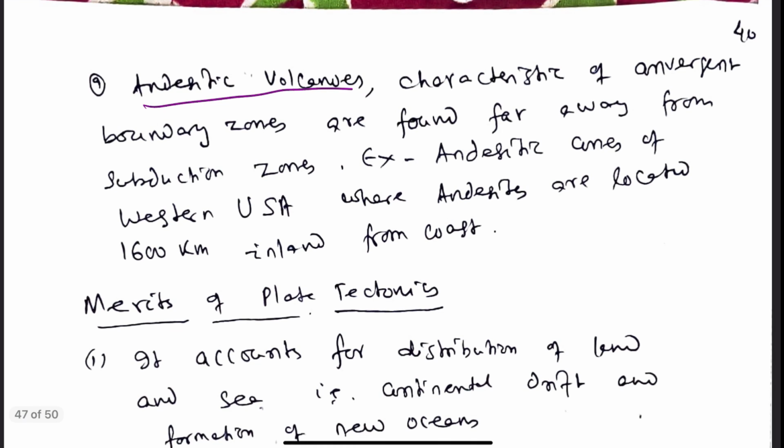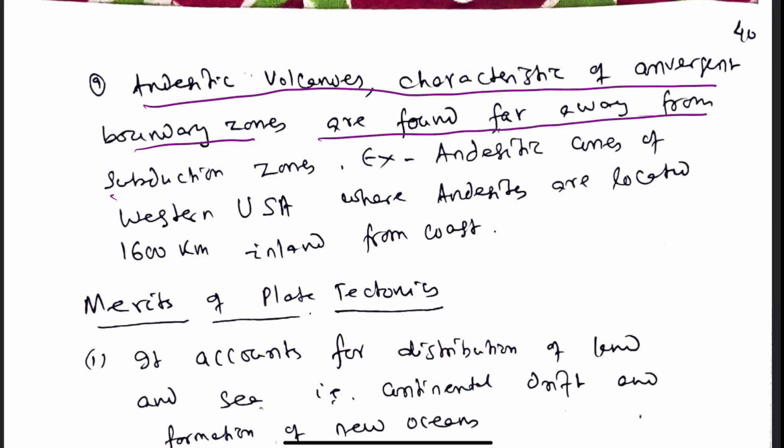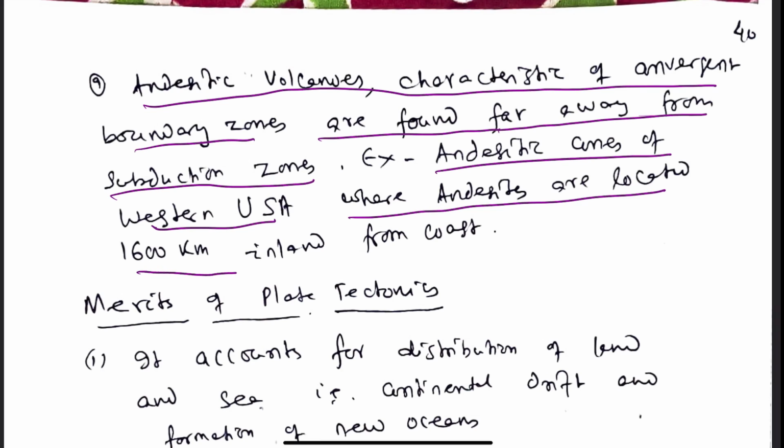And we have the andesitic volcanoes, characteristic of convergent boundary zones, and they are found far away from the subduction zones. Andesitic volcanoes, such as the andesitic cones of western USA, where andesites are located 16 kilometers inland from the coast. We have discussed that andesite volcanoes are the product of convergence of ocean-ocean plates or ocean-continent plates.